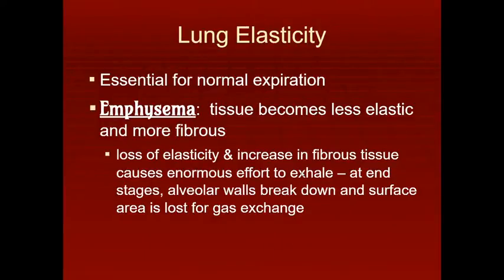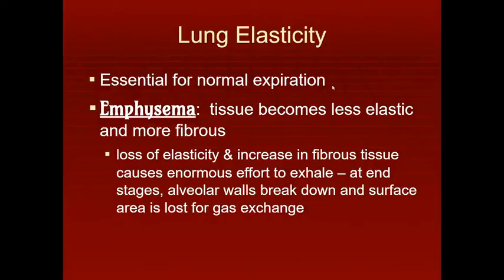So when we talk about lung elasticity, that's essential for expiration, right? It's kind of like blowing air into a balloon and then letting off, and that balloon returns back to its original shape. Well, in doing so, it pushes the air out. So if our lungs are not elastic, we are not going to get normal expiration.